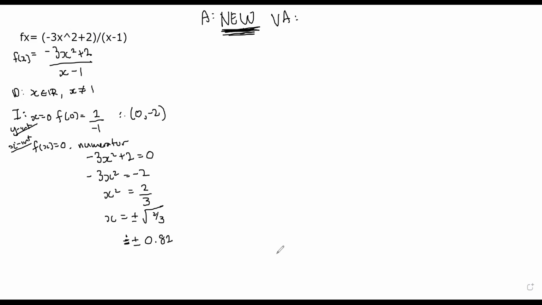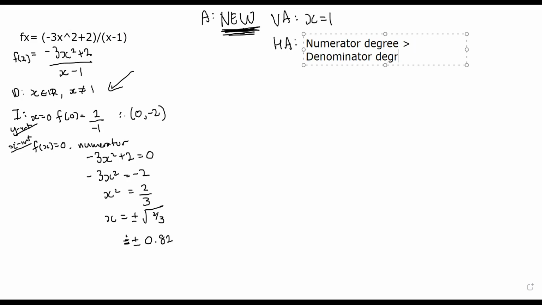Okay, x equals 1. For a horizontal asymptote, I'm going to type it in right here. Numerator degree is greater than denominator degree.